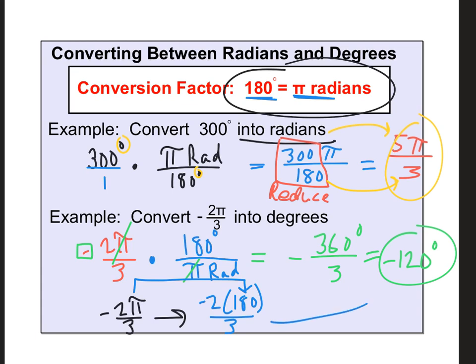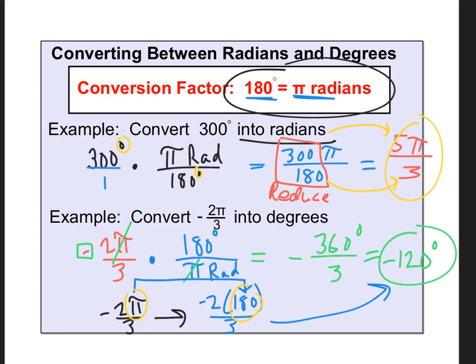And it ends up getting you right to the 120 the same way. It's just a little quicker. You don't have to worry about multiplying by the fraction. Just substitute in the 180 for the pi and multiply. So that's converting back and forth. Get yourself a little practice on that, and we will be using it to do several things down the road.